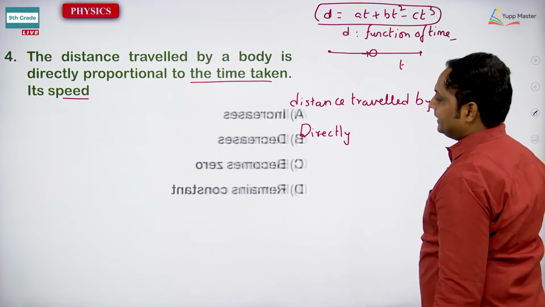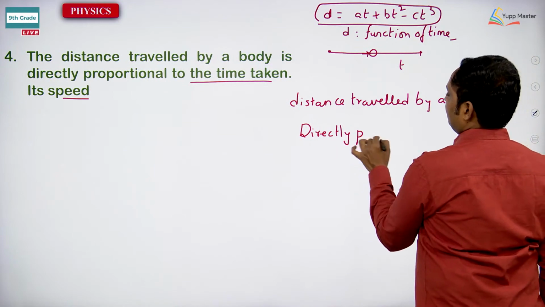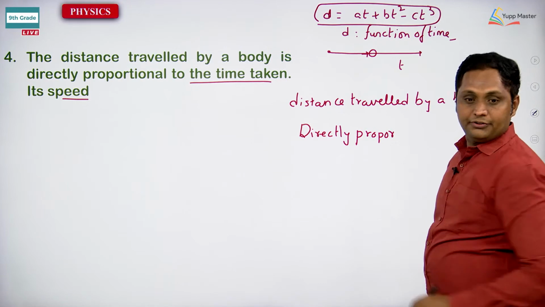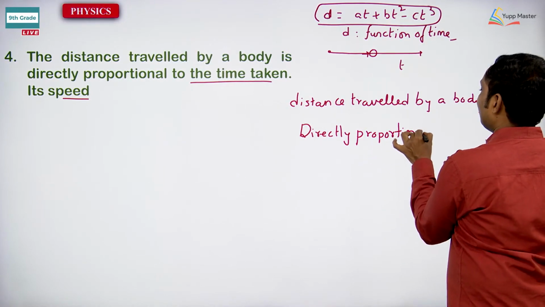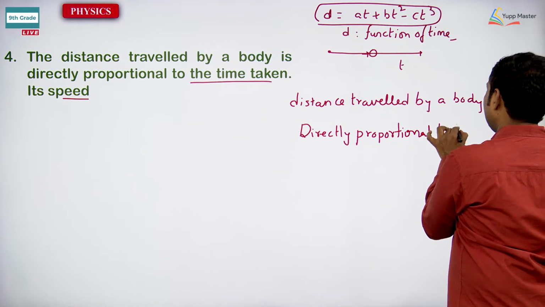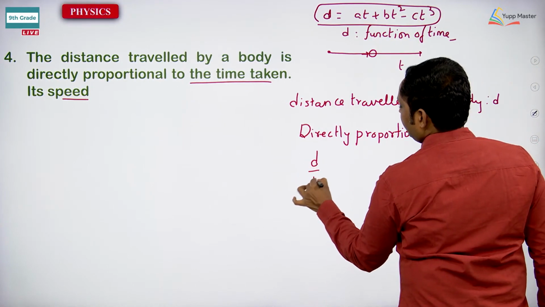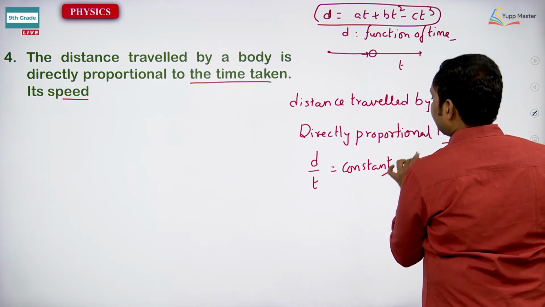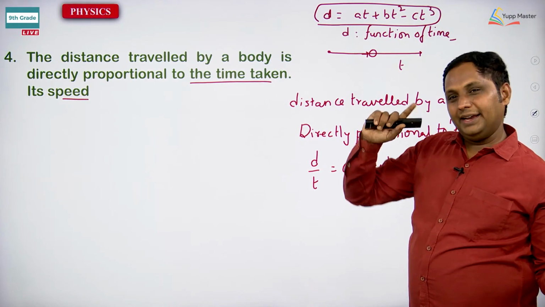Now, distance is going to be directly proportional to t, very clear. So, you can take that d by t is equal to constant, whether it is in continuous motion, you can get this one.